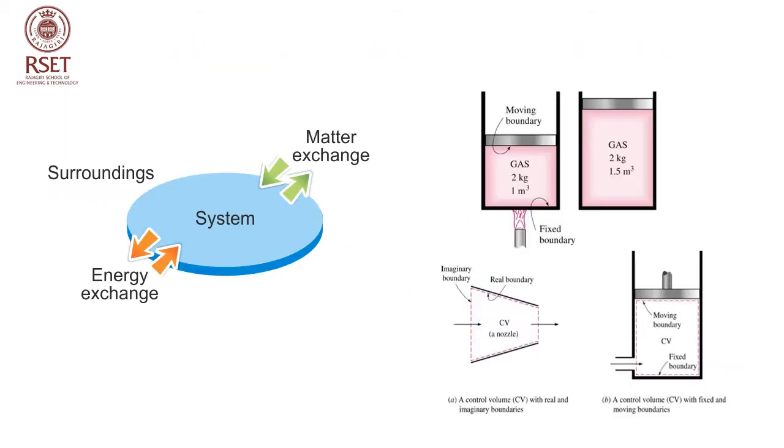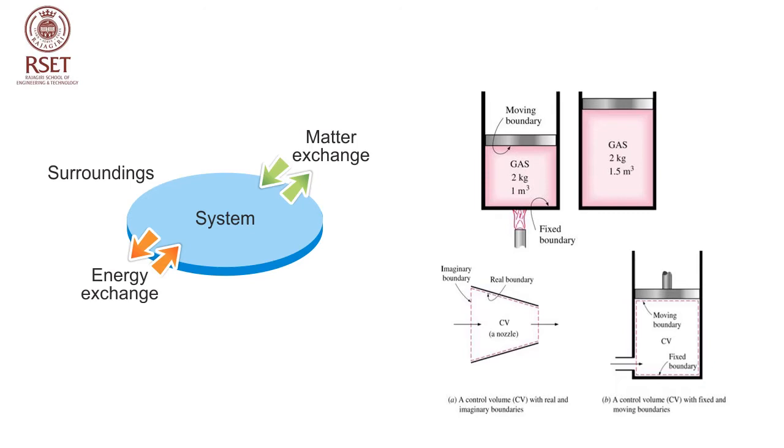Okay, now we will refresh what we have learned in the junior classes. What is a system? What is a surrounding? A system is a region where we are doing our observation, and anything other than the system is called the surroundings. Between system and surroundings there can be both matter exchange as well as energy exchange. Depending upon the way in which exchange happens, we can define open system, closed system, and isolated system.